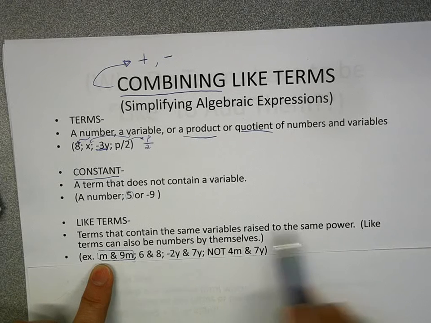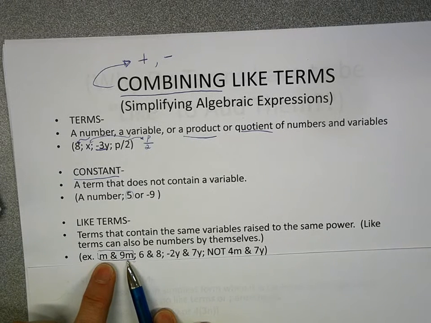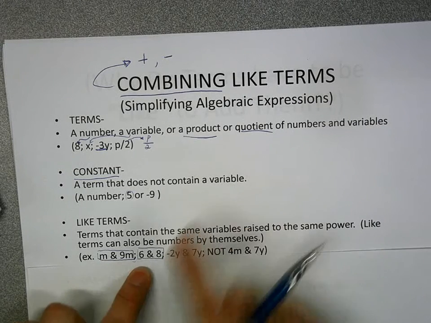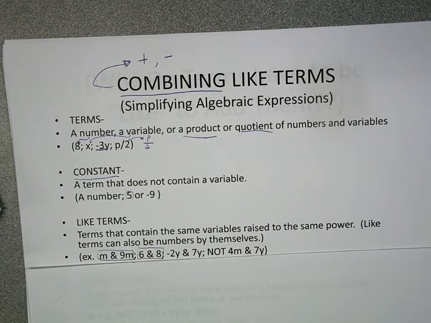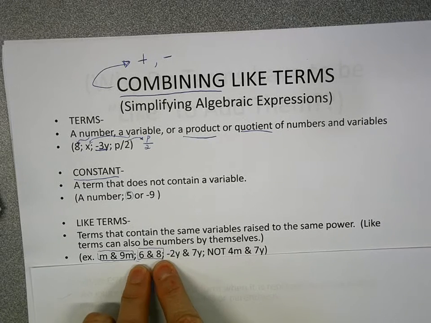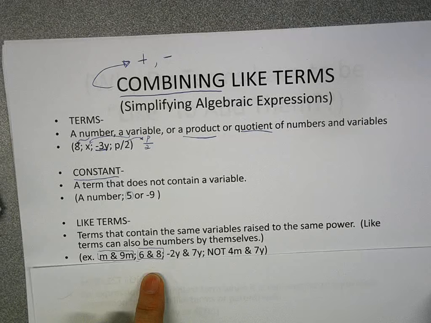And it says raised to the same power. We don't have to worry about that yet, but they are to the power of 1. The next set, the numbers 6 and 8. They're like terms. Now, they don't have variables, right? But look, it says like terms can also be numbers by themselves. So, two constants, a 6 and an 8, would be considered like terms.